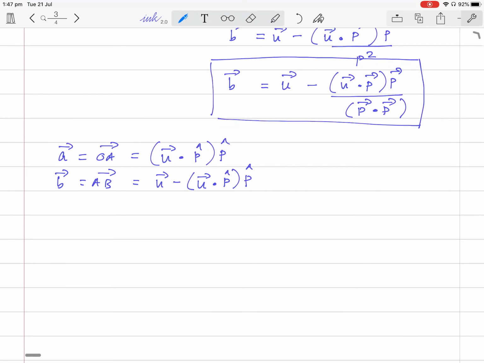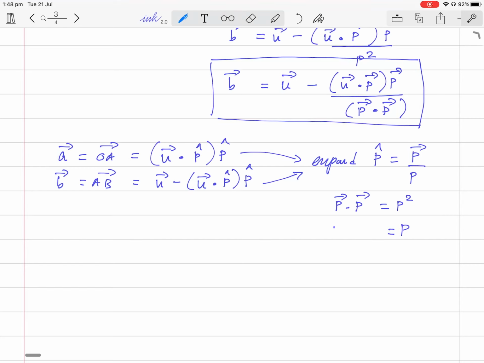If you want, you can expand it, using P hat is nothing but P vector divided by P, and we know that P dot P is going to be P squared.